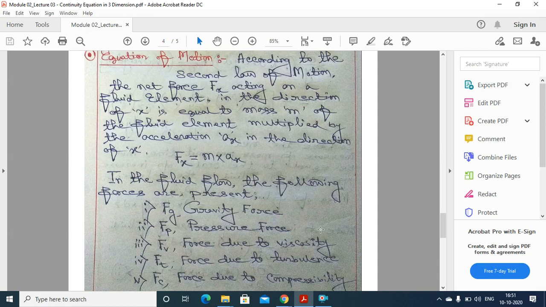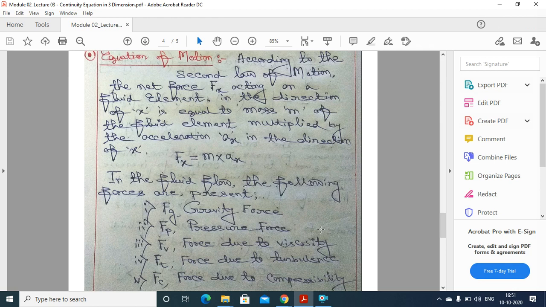Okay. Now in the fluid flow, the following forces are present. Fg is the gravitational force.